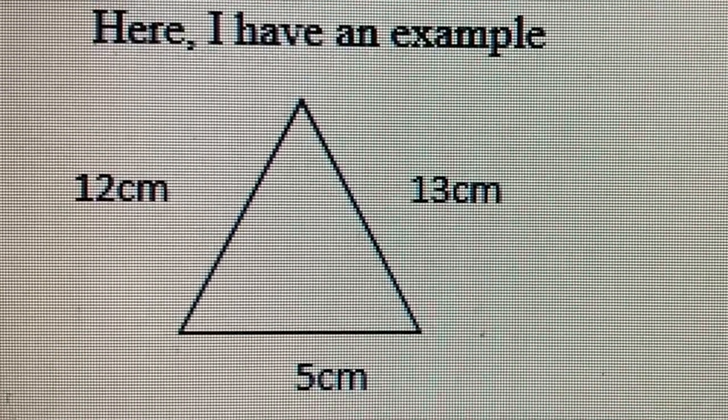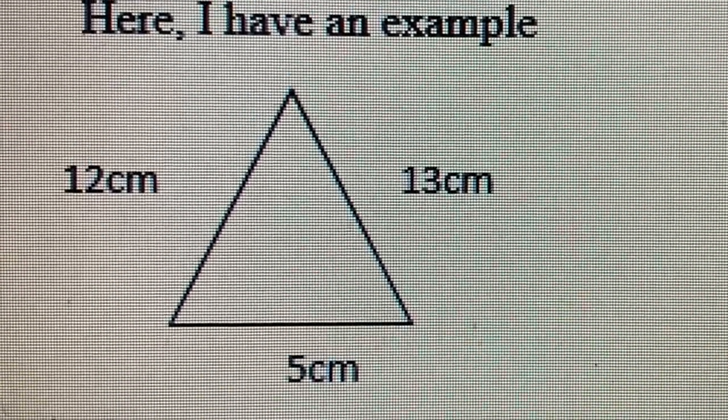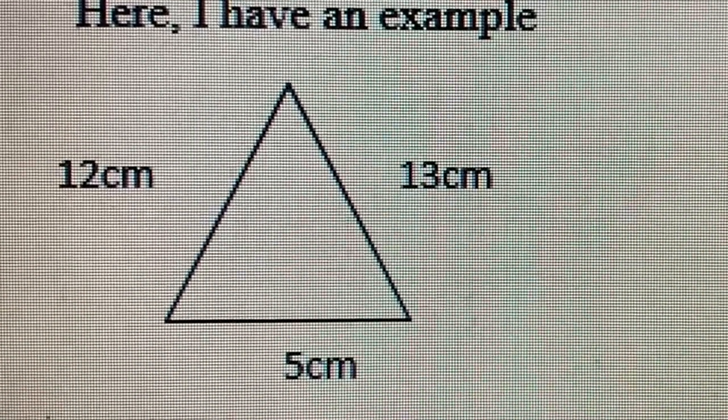Number three, triangles. The formula for the perimeter of a triangle is A plus B plus C. Here I have an example. The sides ABC of the triangle are: A equals 5, B equals 12 centimeters, C equals 13 centimeters.